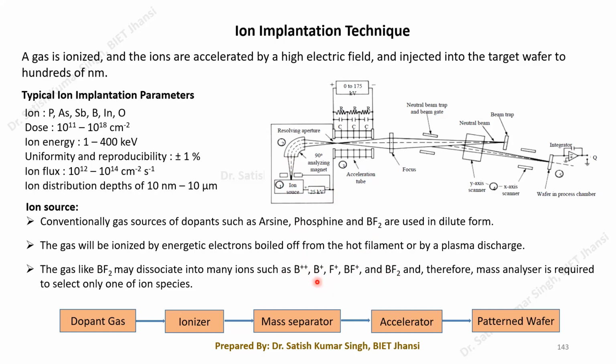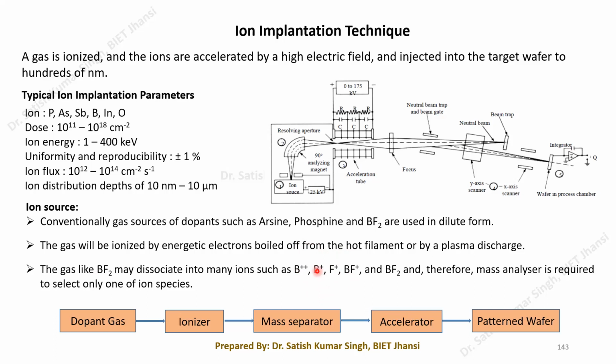Basically, we have to dope this B+. Because of the different charges and different ions, they will have different amounts of charge as well as different masses.